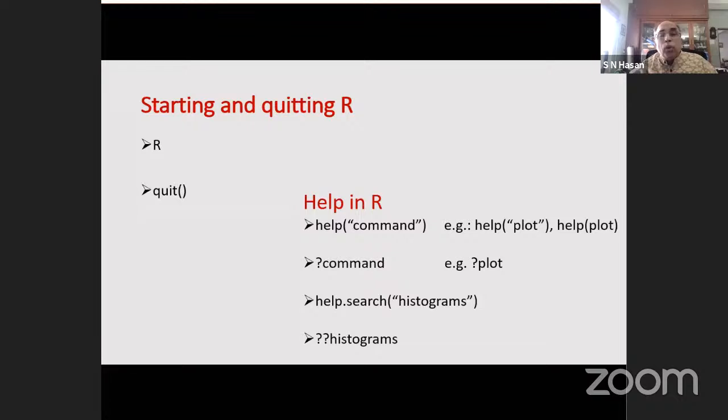In Linux, you can open a terminal and type R, and so on. It is very intuitive, right? In Linux, you open a terminal and type R at the prompt, and it will give you an R environment.